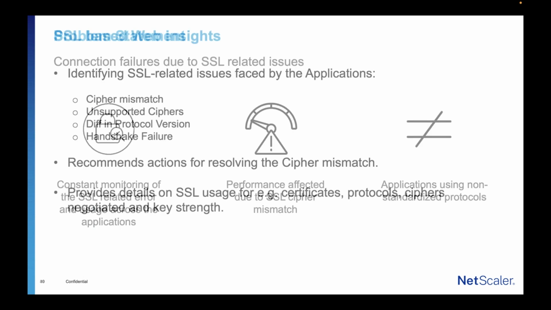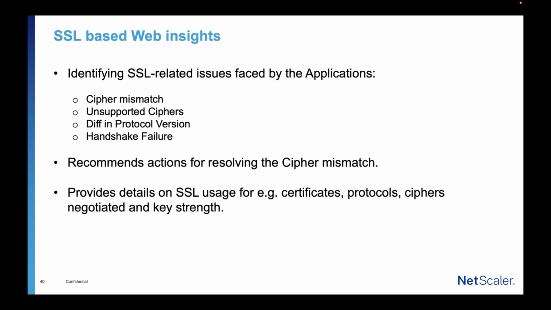So we use Web Insights to also identify the SSL based errors and usage. We let you know if the applications are facing any kind of cipher mismatch or unsupported ciphers, any difference in protocol version, and if there are any handshake failures.